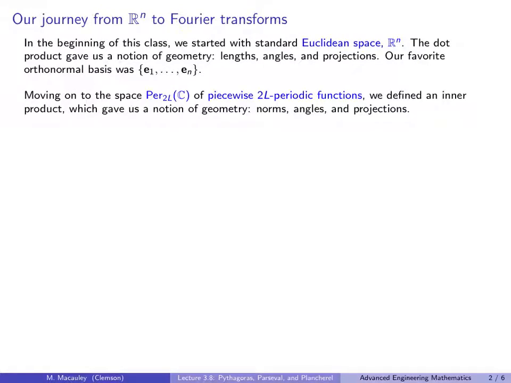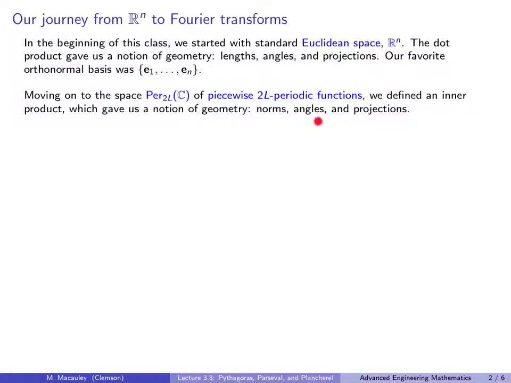Moving on to the space of piecewise 2L periodic functions, that's an infinite dimensional vector space, we defined an inner product, that's a generalization of the standard dot product for general vector spaces, and this gave us a notion of geometry. We were able to define norms, angles, and projections in this vector space just like we did in Rn, and other things as well.